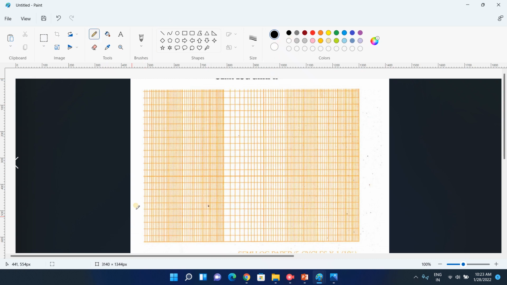Forget about the phase plot, I am talking about the magnitude plot. Suppose this is the zero line, 0 decibel.